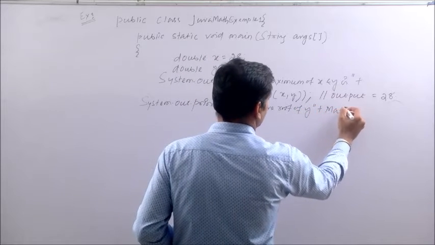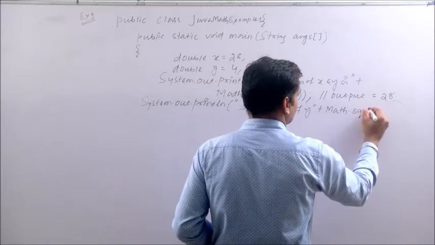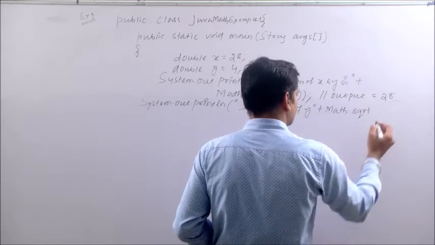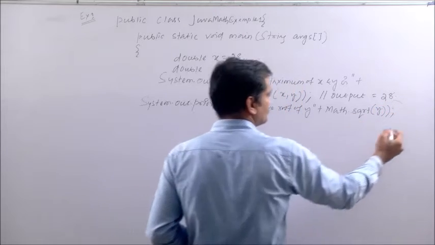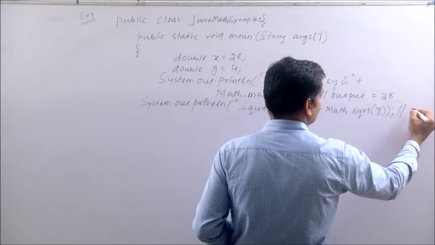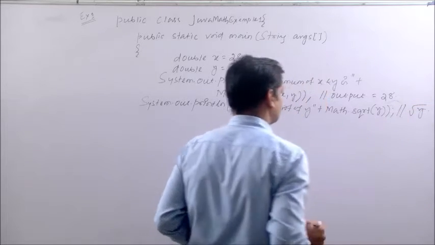You can call the method like this, Math.sqrt, the method name, and y is the argument. So it is going to give you the square root of y.